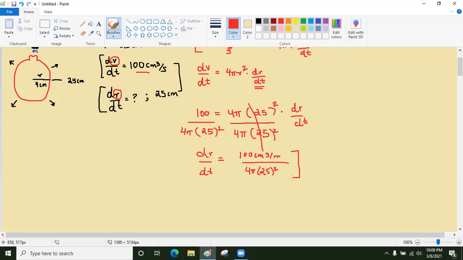And if you were to plug this into a calculator, you would get a decimal number, which closely approximates, I'm not too sure, but this is essentially where you would end up.